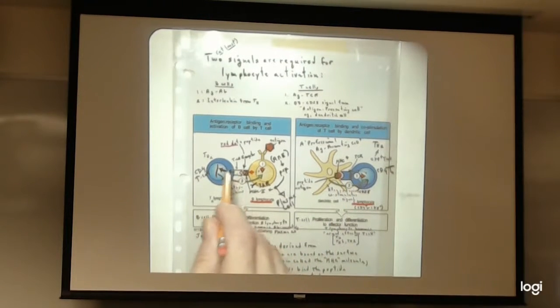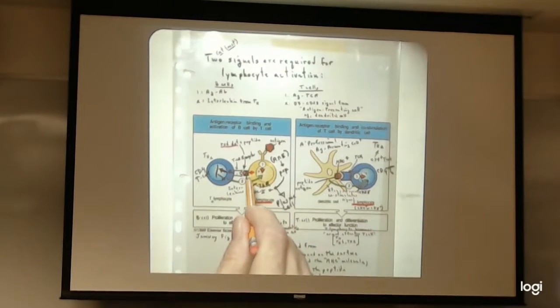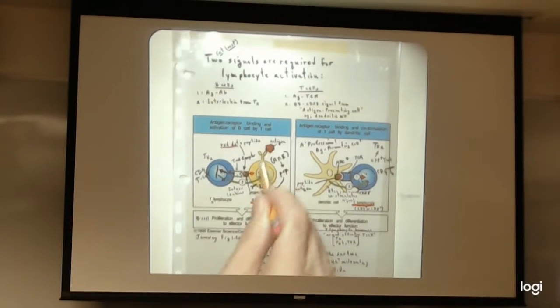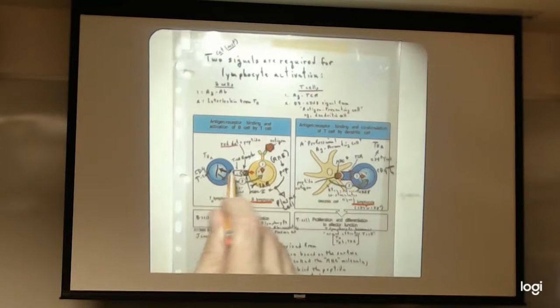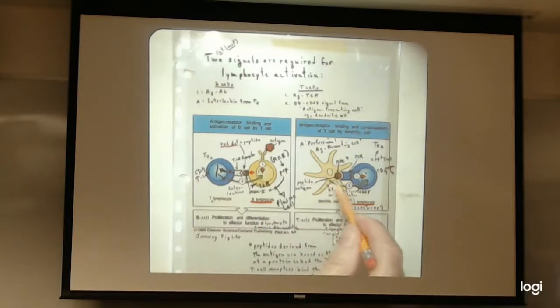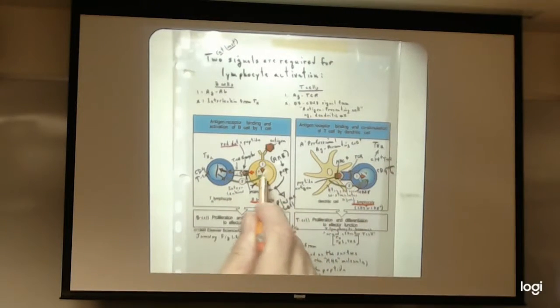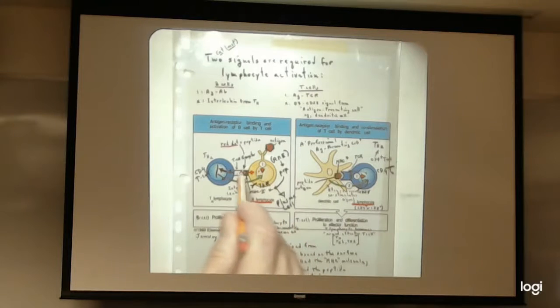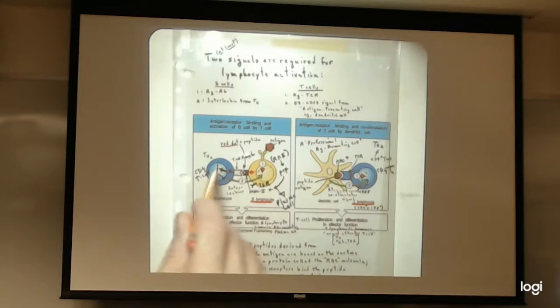Again, MHC molecules here on the B cell are going to present peptides derived from the antigen protein to the T cell. Okay. B cells are one of the three kinds of so-called conventional antigen-presenting cells. So they can then activate T cells.